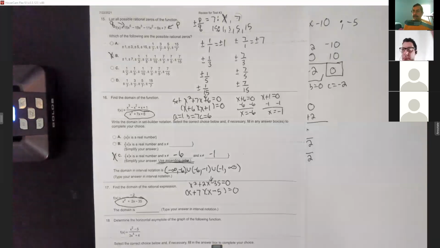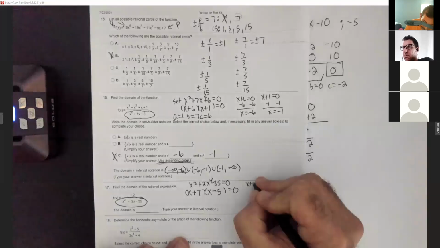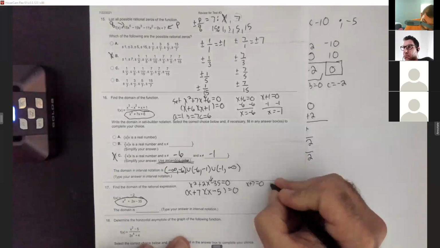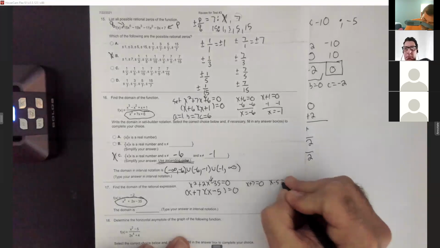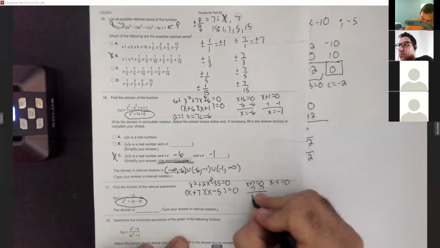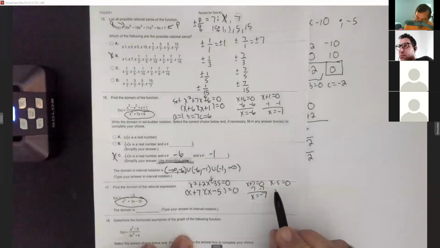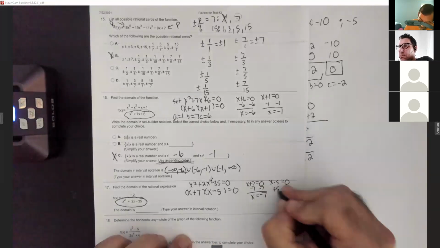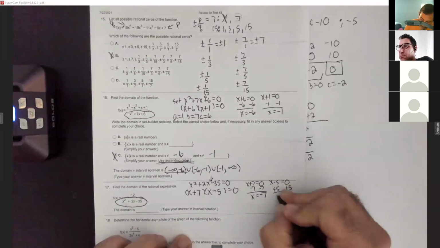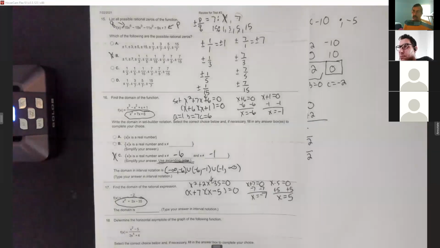All right, then we're going to finish this off by setting my little factors equal to 0. So y'all, the first one, I'm just going to subtract 7 from both sides so that I get x is a negative 7. And then since this was x minus 5, we'll add 5 and get x is a positive 5. So the two numbers we're going to kick out of our domain are negative 7 and 5.